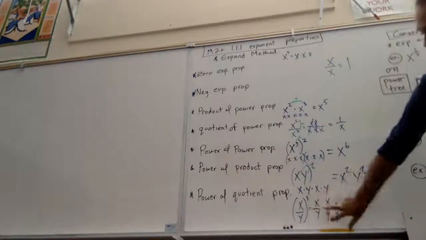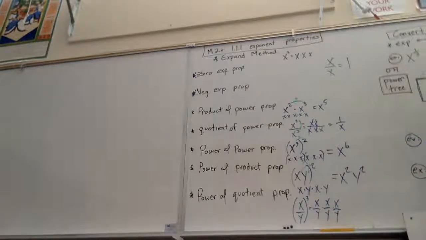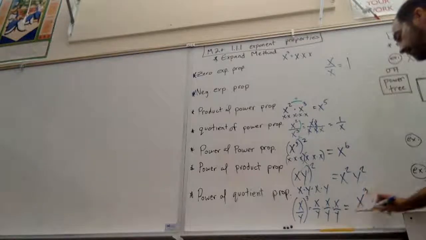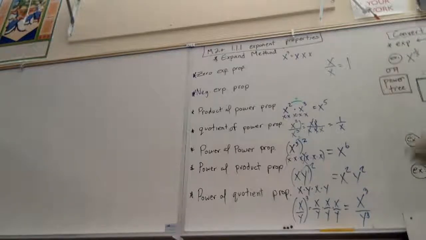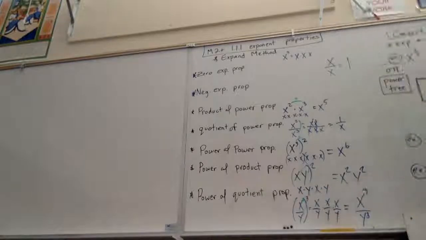X over y to the third, x over y times x over y times x over y. All together, x to the third, y to the third. Okay. So I think of that as pretty much this 3 is being distributed to the top and bottom.